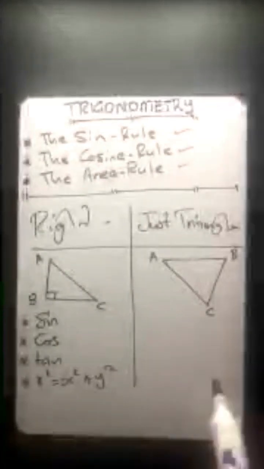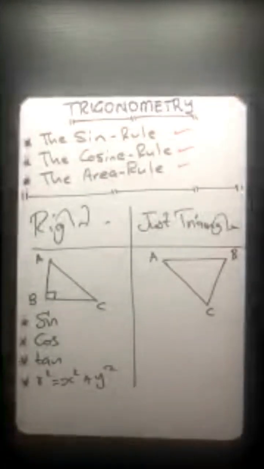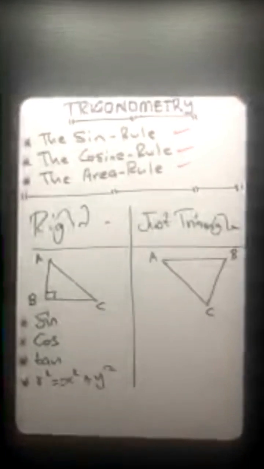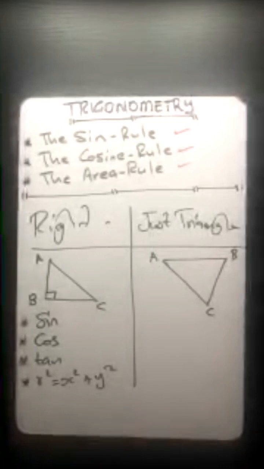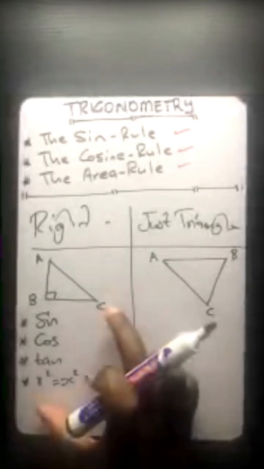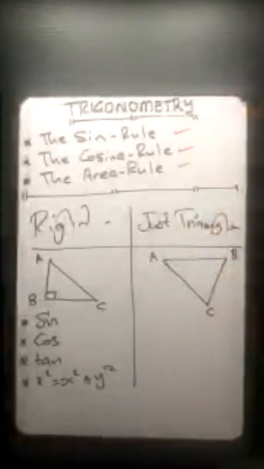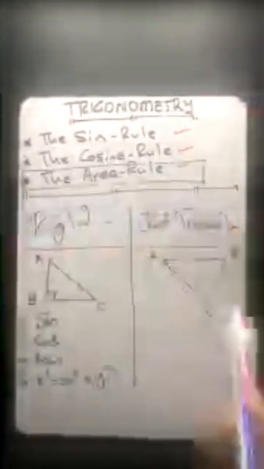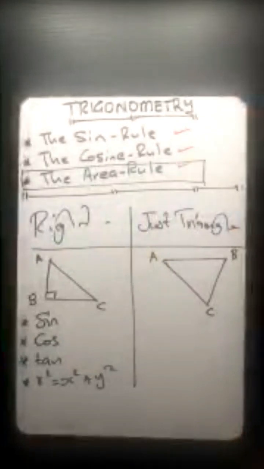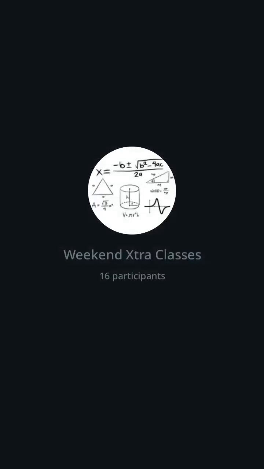So if it's just a triangle, listen very carefully: you cannot use sine, cos, tan, or the theorem of Pythagoras. This is where you use the sine rule, the cosine rule, and the area rule. Most importantly, it's very easy to know that the moment they say use the area rule, then you know it's just a triangle.